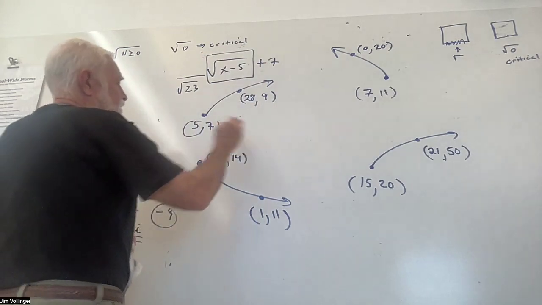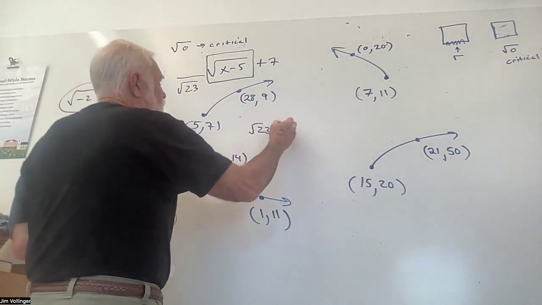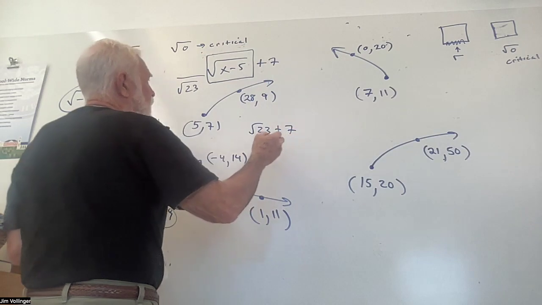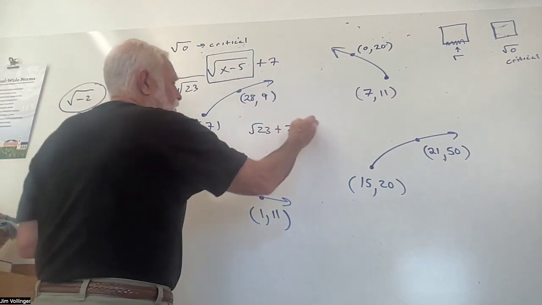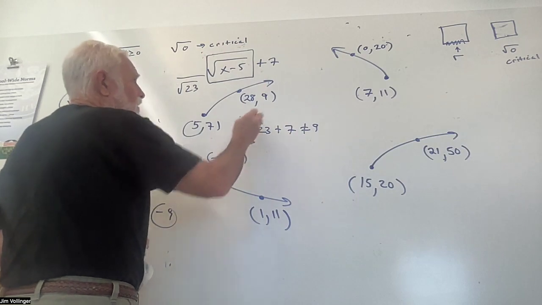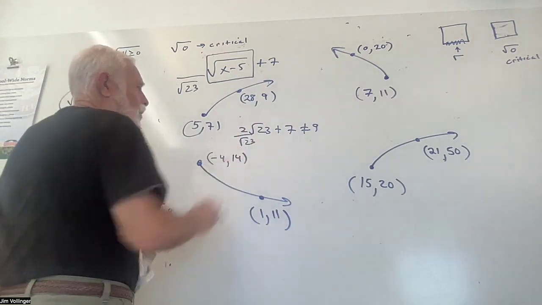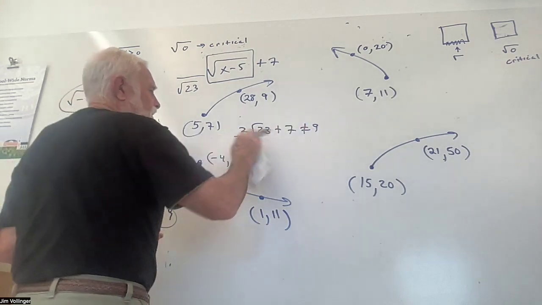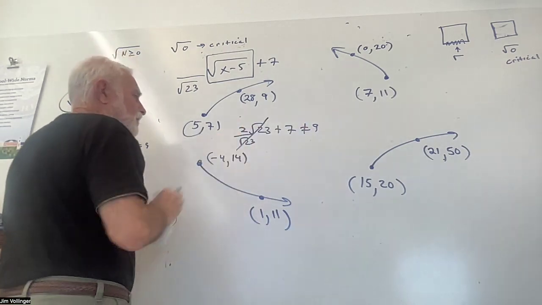And that number, square root of 23 plus 7, does not take me to 9. So I get rid of that number, and I take the number that does get me to 9, which is 2. 2 plus 7 gets me to 9, because I'm creating the number 1 right there.